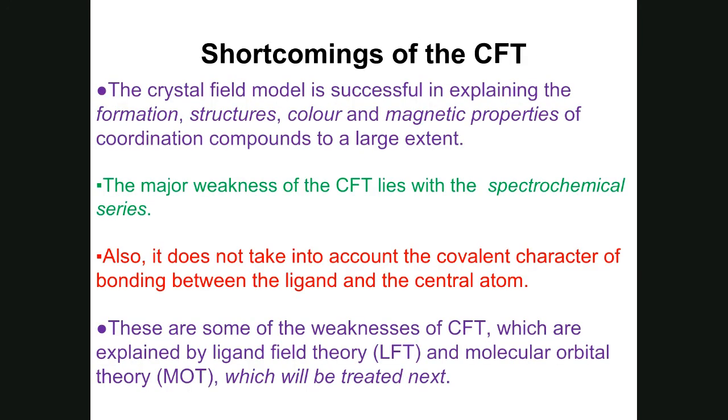So these are essentially the shortcomings of the crystal field theory, which I think by reading through you have got to understand. But the major weakness of the crystal field theory is what we have seen as the order of the ligands, which we refer to as the spectrochemical series, relative to the basic assumption of the crystal field theory, which is electrostatics.